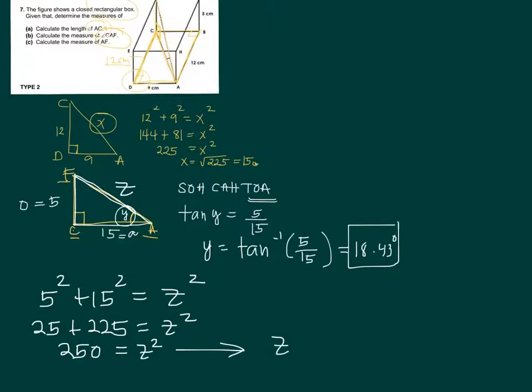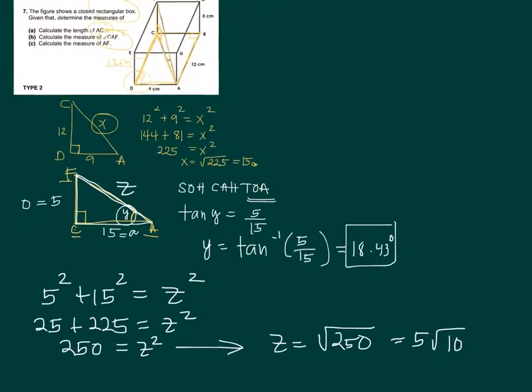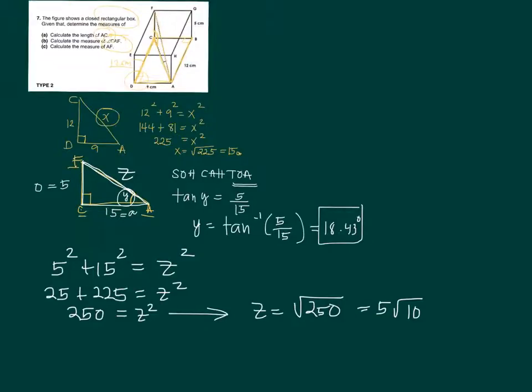So Z must be the square root of 250. The square root of 250 is equal to 5 square root of 10, or in decimals, this is 15.81. So that's the measure of FA, or AF. This is equal to AF.